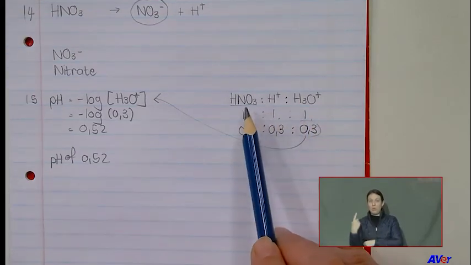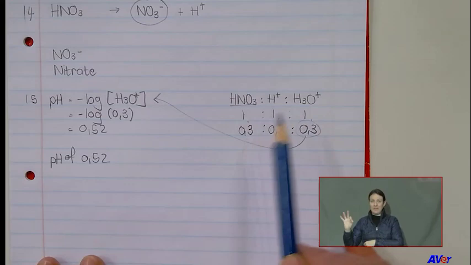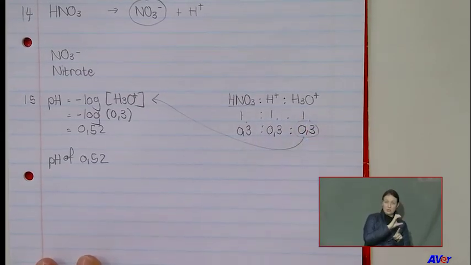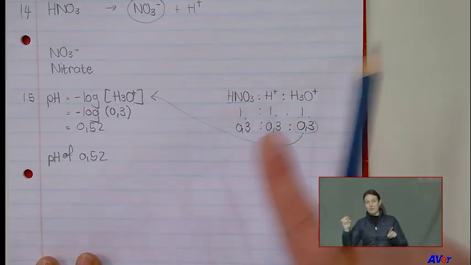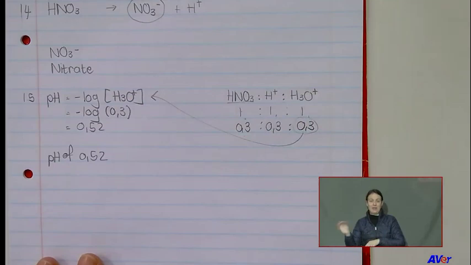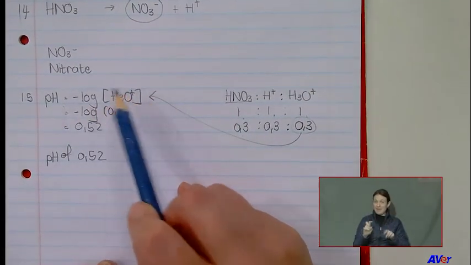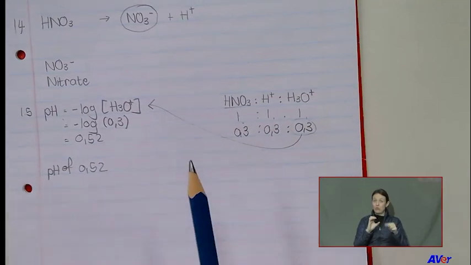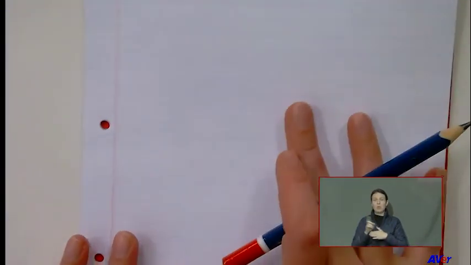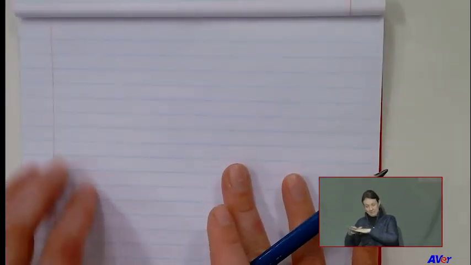So if the concentration of the acid is 0,3, the concentration of the hydronium ions is also 0,3, and we substitute that into our formula. But as per formula, we need the concentration of the hydronium ions. So now we are working with a base.